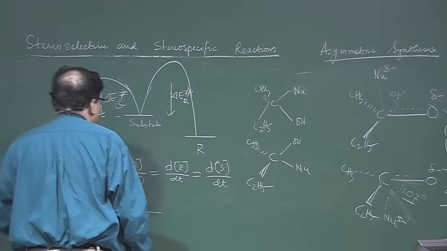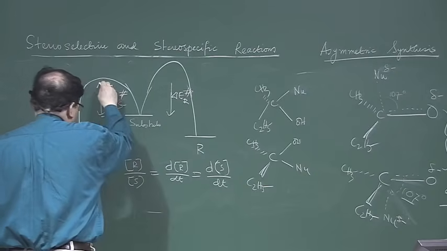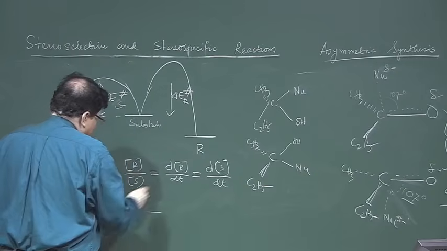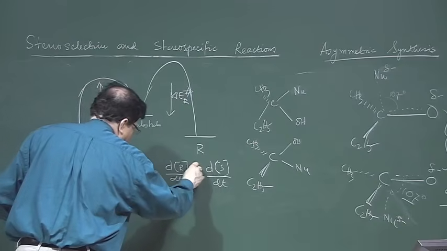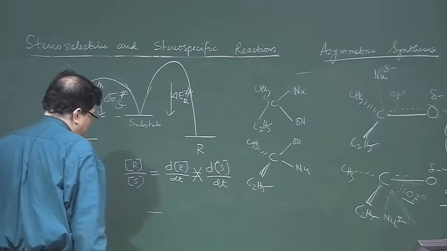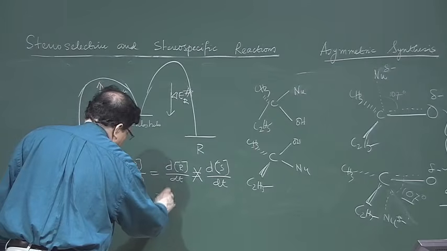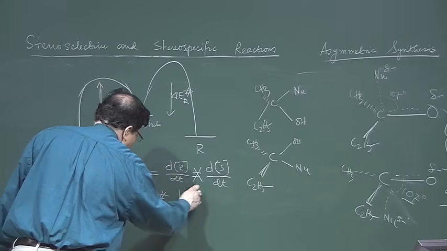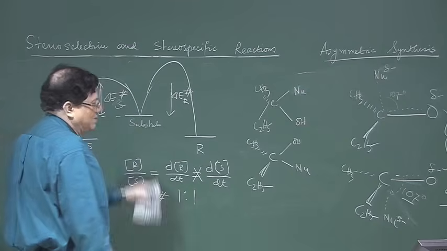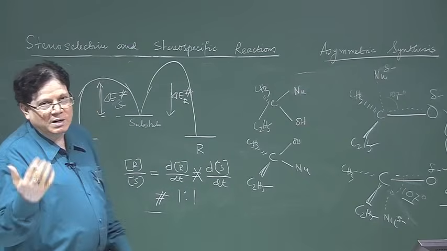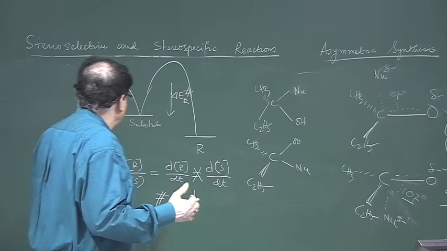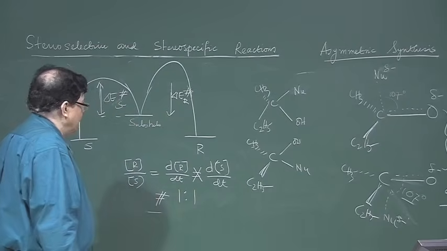Now, the question is how do you do it? Then this will not be equal to this, and the ratio is not 1:1, so you have an asymmetric synthesis. The question is what is the degree of asymmetry? That depends on the type of reaction that you are doing.